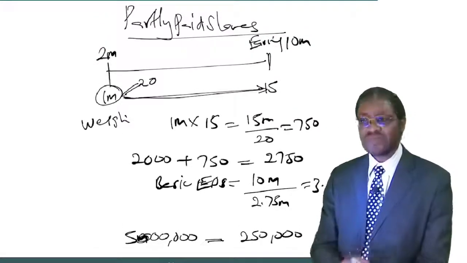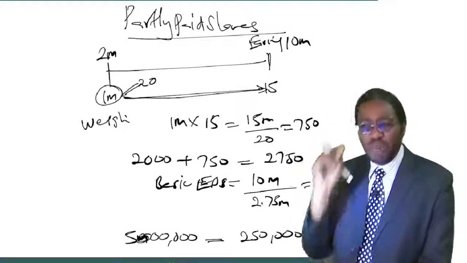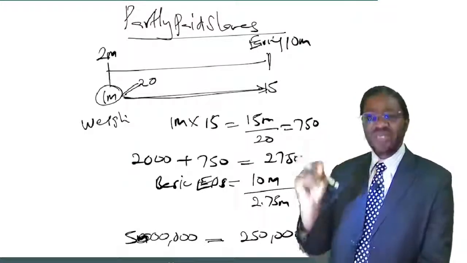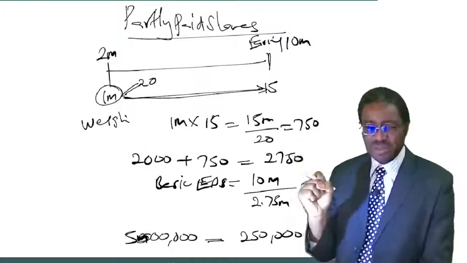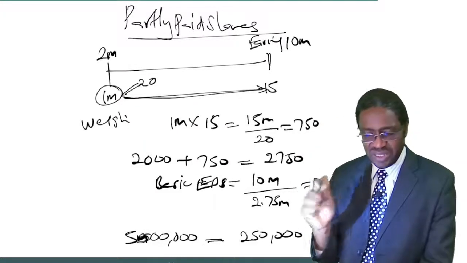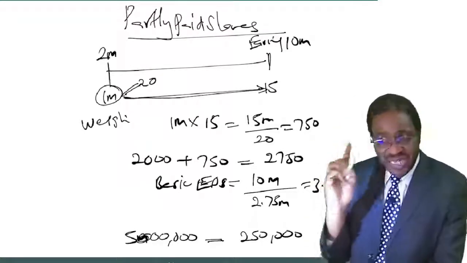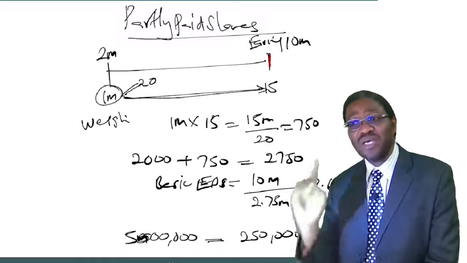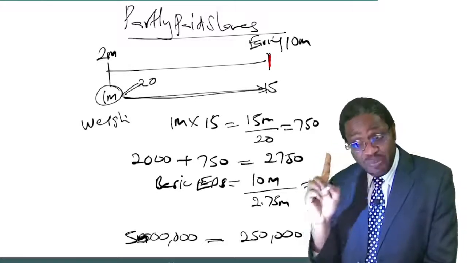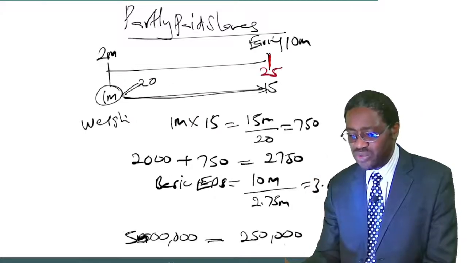Listen carefully. Suppose they had brought their 5 million at the end of the year. But at that end of the year, the market price per share is no longer 20, but the market price per share is 25.